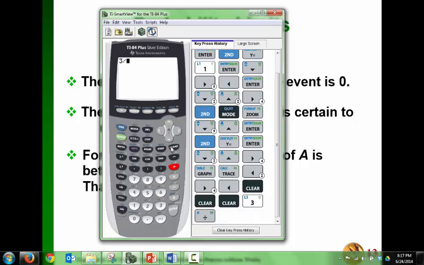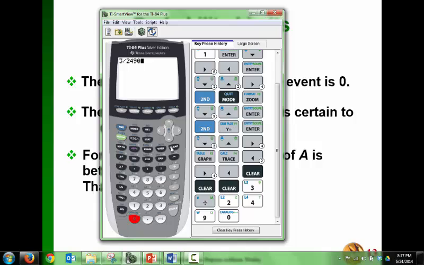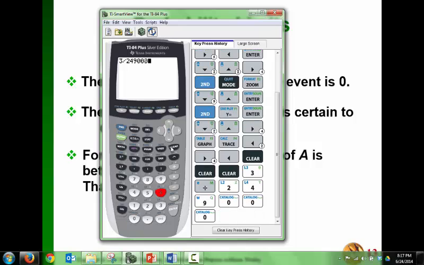So 3 divided by 2,400,000, I don't know, 90,006. So you'd be tempted to put 1.2 for 1.208 or whatever, right? So putting 1.2 will not be the correct answer. This is not a probability, right?